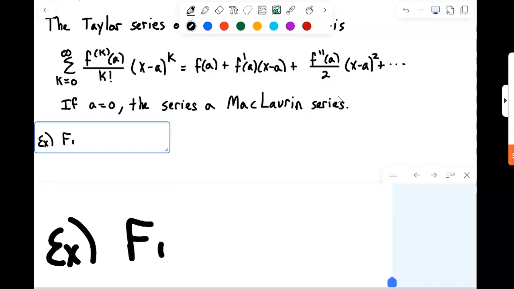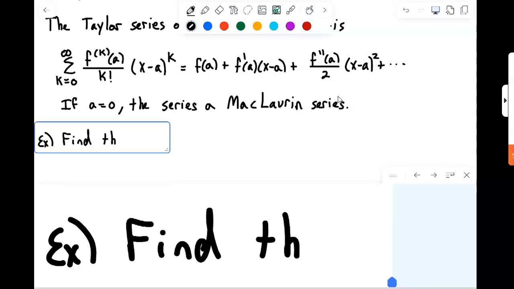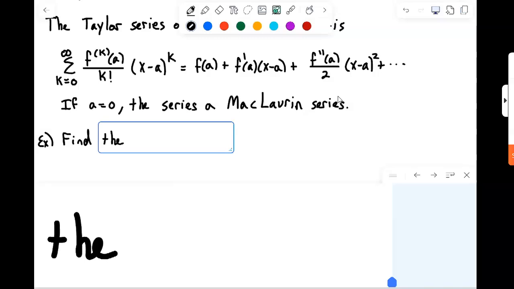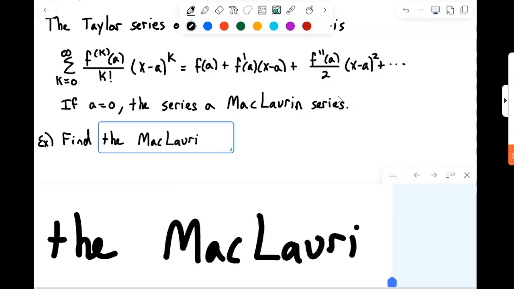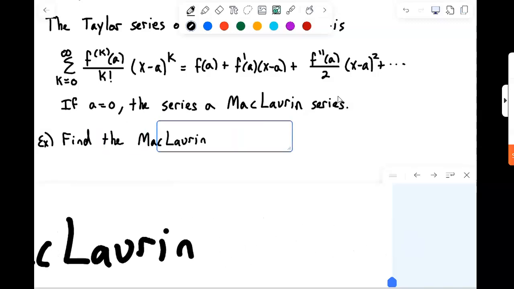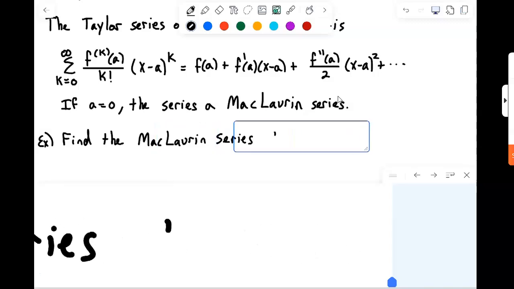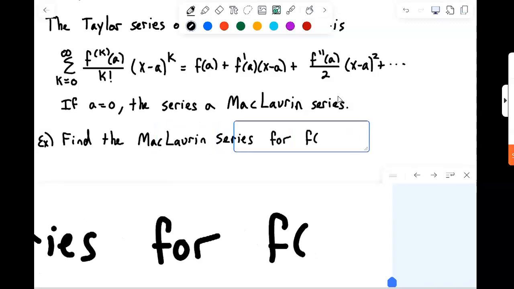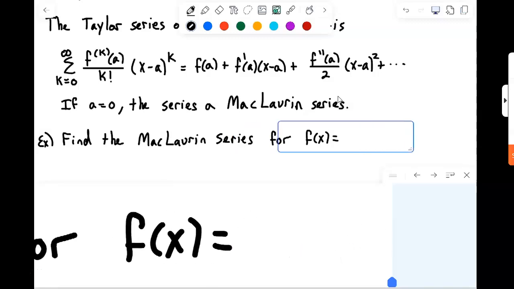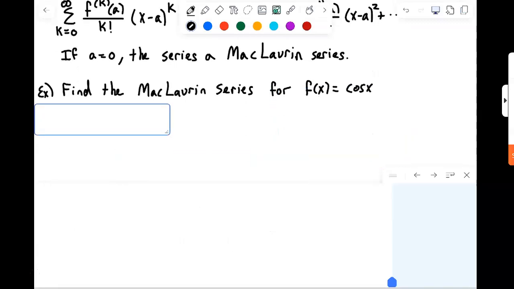So let's say we want to find the Maclaurin series, remember, Taylor series centered at 0, for the cosine function. We would start by looking at the derivatives of the cosine function.